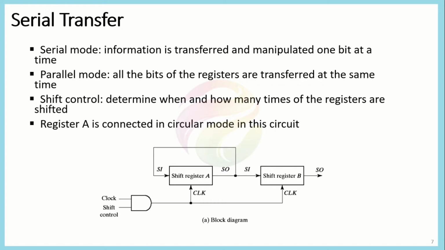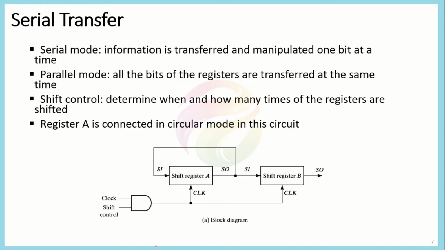Now, if we want to make some changes in this serial transmission case, we could always add a few other functionalities related to the serial processing case. The most important is how we could control this whole shifting operation of the system. Just like the parallel load operation, we had a load pin, and from that load pin we were able to control what kind of data should be at the input of the flip-flop.